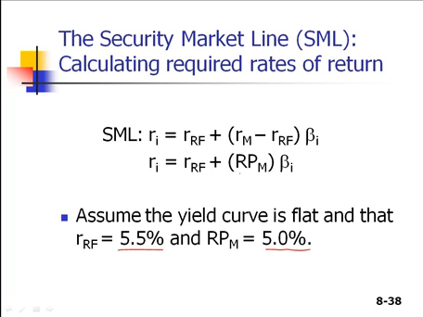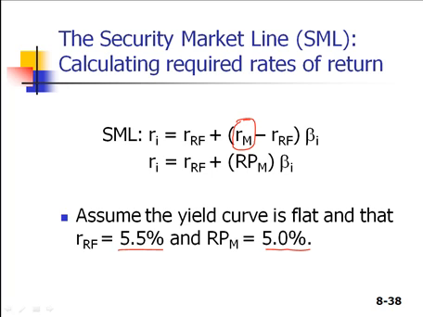Let me give you a little quiz here just to check your understanding. If the risk-free rate is 5.5% and the market risk premium is 5%, then what would this market rate of return be? I'll give you a second to think about it. Hopefully you don't need too long, because the answer should be 10.5%.